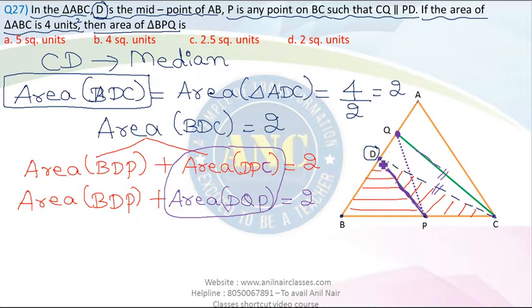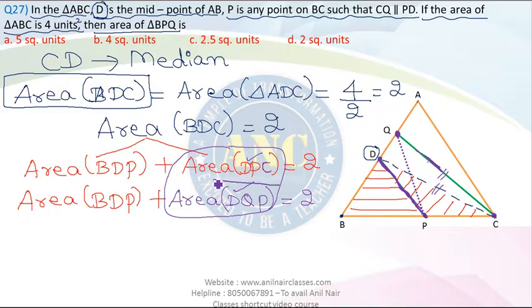That means the triangle DPC has the same base DP and the other point C is lying on the line which is parallel to PD, right? Similarly, triangle DPQ has base PD and the other point Q is lying on that parallel line CQ. That means these both areas are 100% the same.